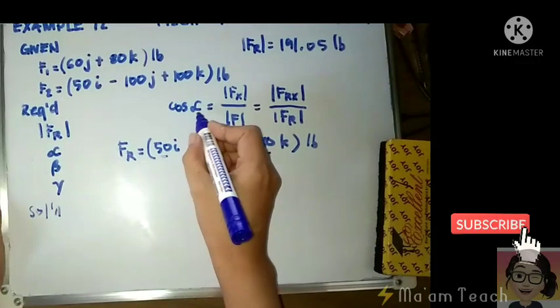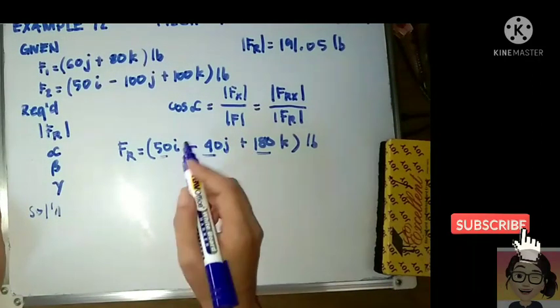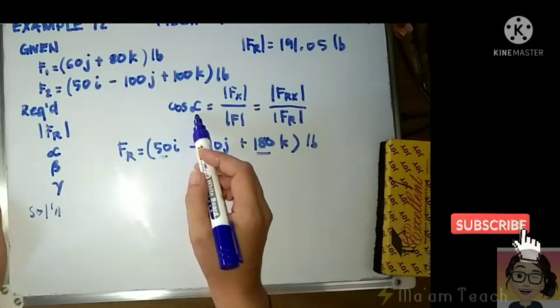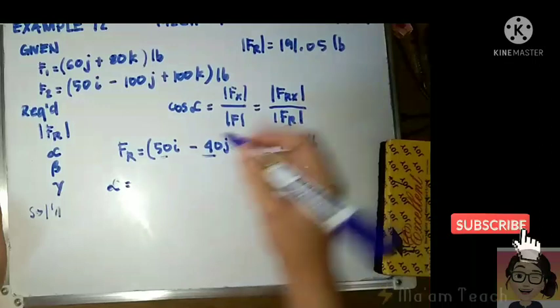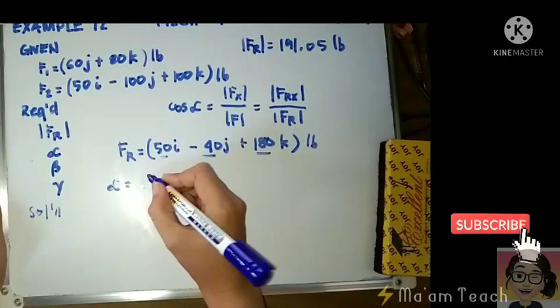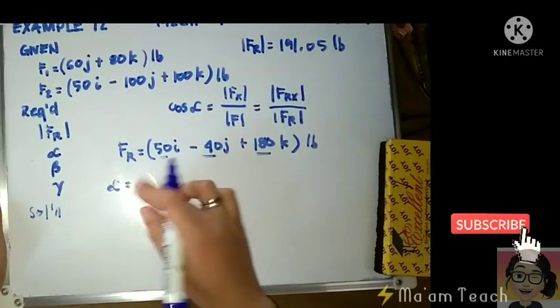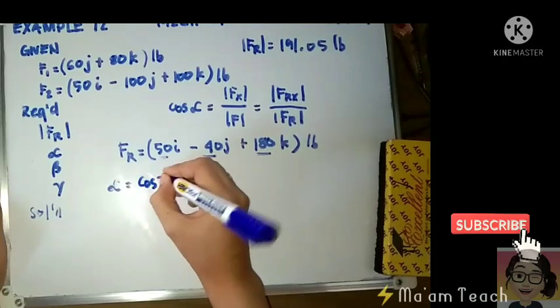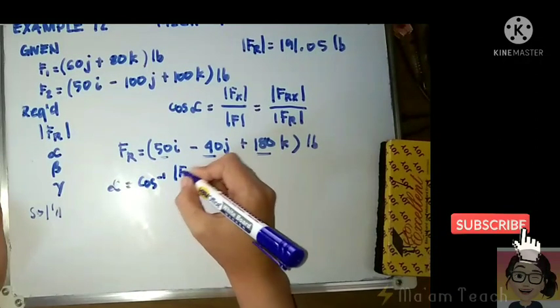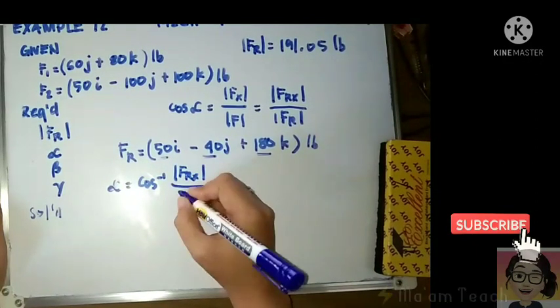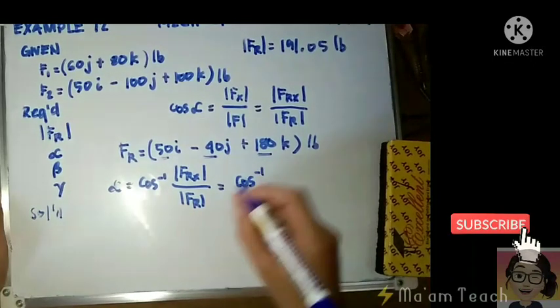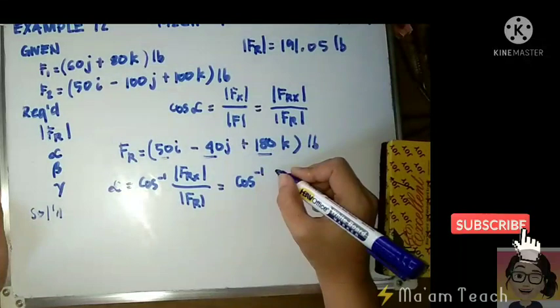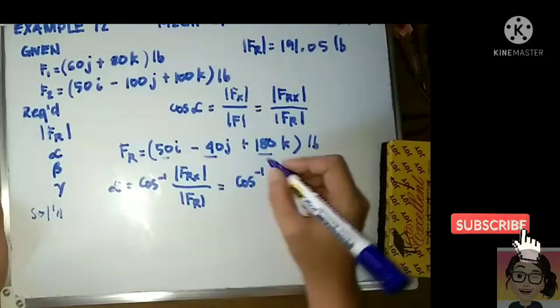Solving for alpha, arc cosine of FRx over the magnitude of FR. The FRx is positive 50, taking the absolute value.